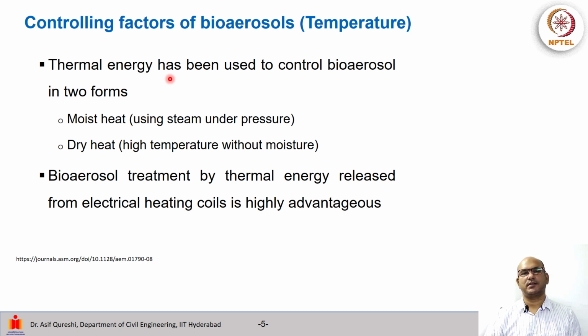So thermal energy has also been used to control the bioaerosols through moist heat, which is using steam under pressure, and dry heat, which would be the high temperature without the moisture, and maybe thermal energy released by electrical heating coils in a specialized environment, not the heating coil in the indoor air, may be helpful in controlling bioaerosols.